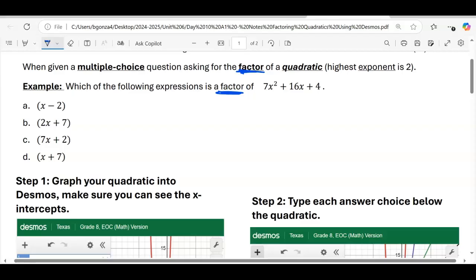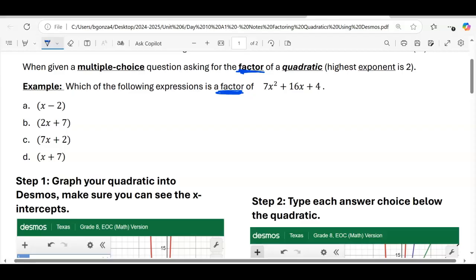Factor. Whenever we are finding a factor, this is not like what we did on Thursday, Friday. You'll remember Thursday, Friday, if you had a trinomial or you had two factors and you were trying to simplify it, you would graph them and see which one lined up perfectly.